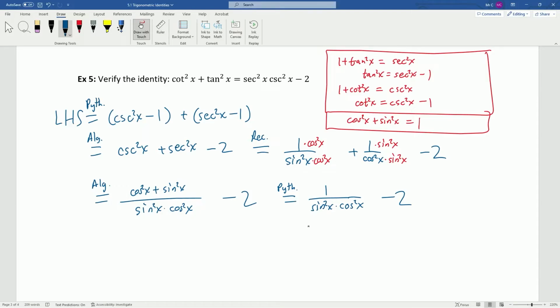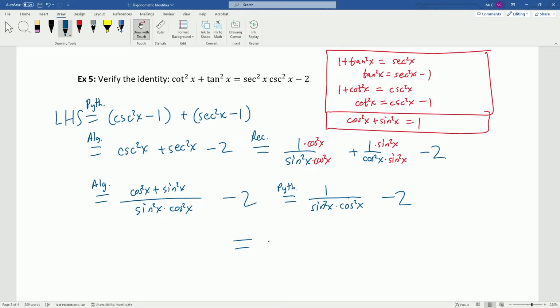As you can see, you will use those Pythagorean identities a whole lot when you're trying to verify these other identities. Okay, now we have 1 over sine squared of x times 1 over cosine squared of x. And 1 over sine squared is cosecant squared, and 1 over cosine squared is secant squared.